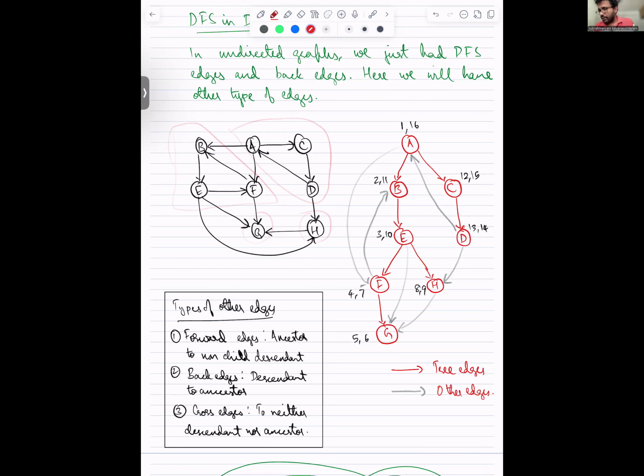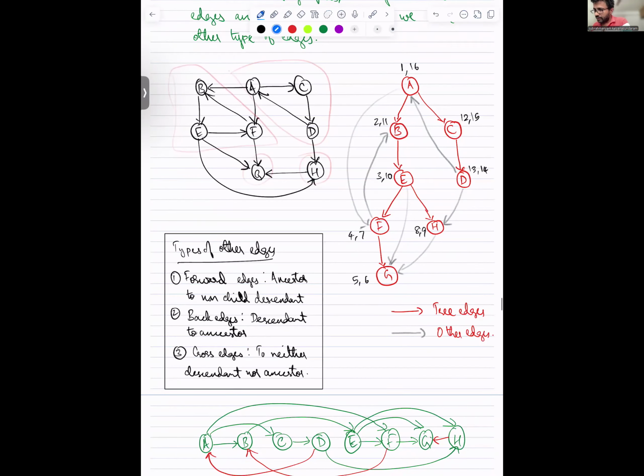So, and here, what is the source? Maybe I'll just draw the meta graph somewhere here.